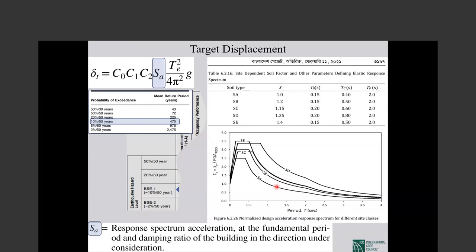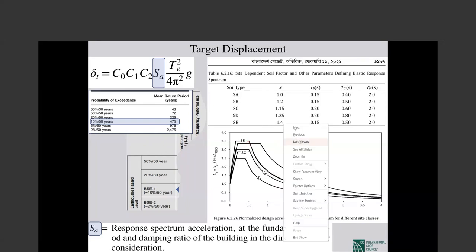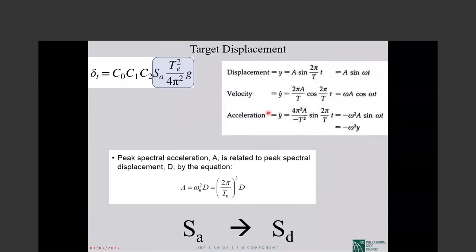What are these that I'm saying? These are not very strange stuff. It is this, that for harmonic motion, when something is under harmonic motion, sine or cosine, if it moves in a harmonic motion, so for example, the deformation is A times sine omega t, what is the maximum displacement?